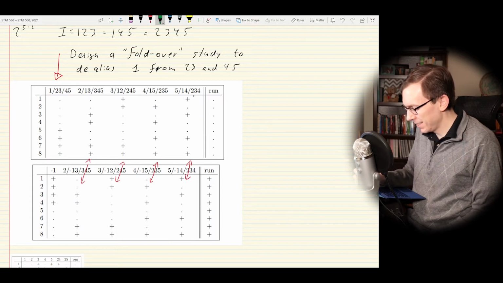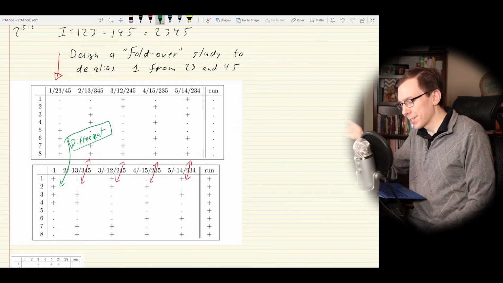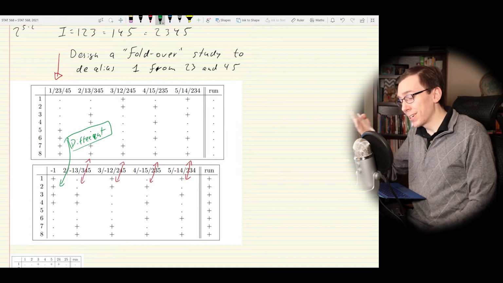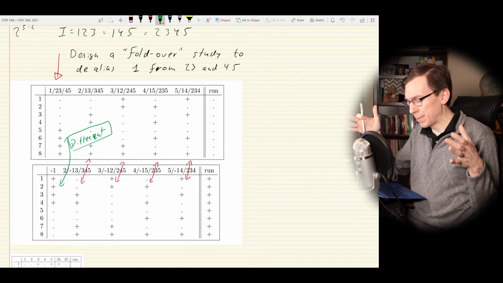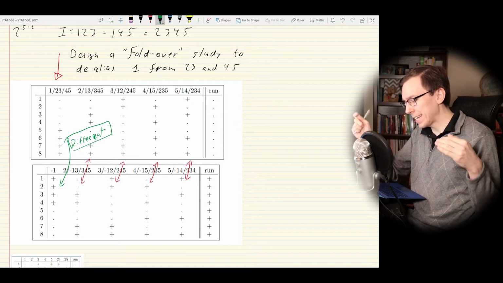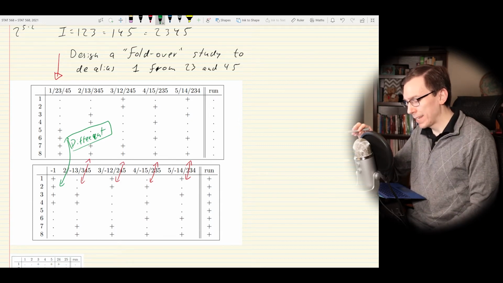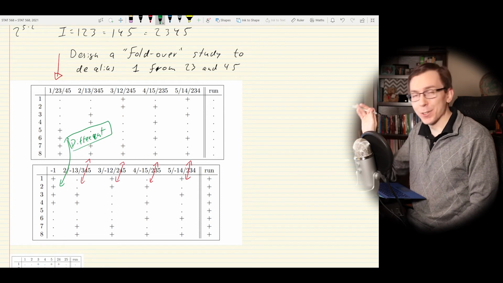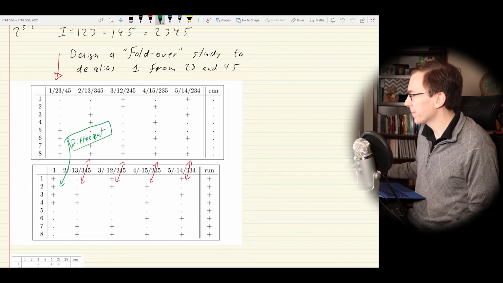But these two columns are different, and they're different by flipping the signs, right? If we go back and replace the dot with a minus sign, then all I'm doing is saying, find another 8 participants for your study and do the exact same thing. But now for that first factor, factor 1, we're going to flip the value, and everything else is going to remain the same. So what does that actually do?